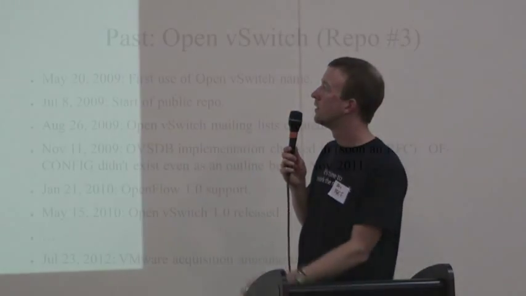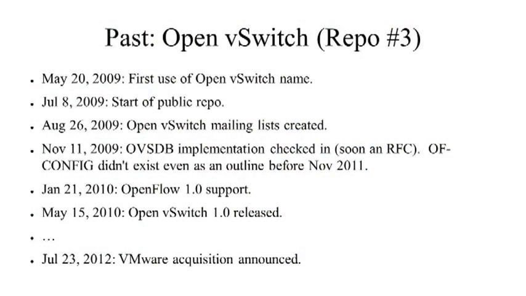Basically, it's parallel to what you do with OpenVSwitch with the database. But in fact, we had good reason for using our own protocol, which is that we designed, implemented, and checked in our database configuration a full 2 years before the OF-config working group even had an outline of their protocol.